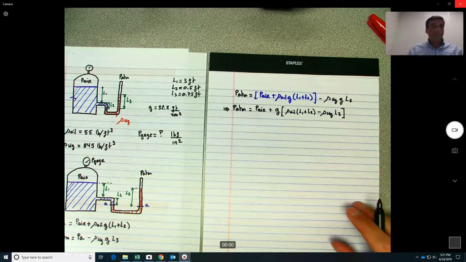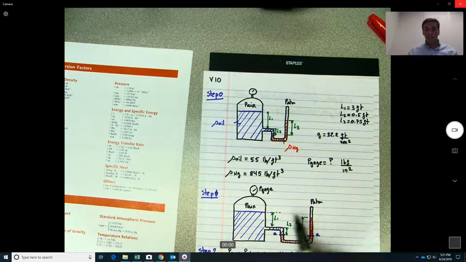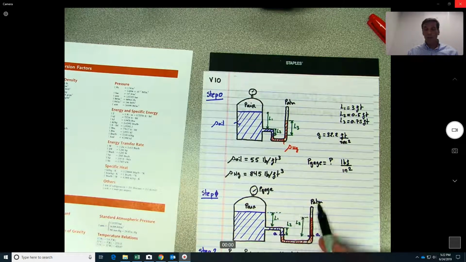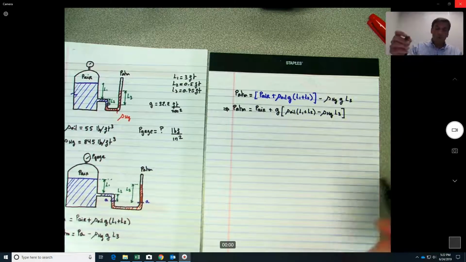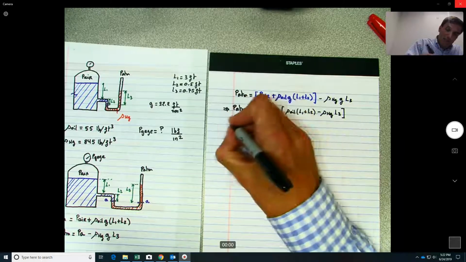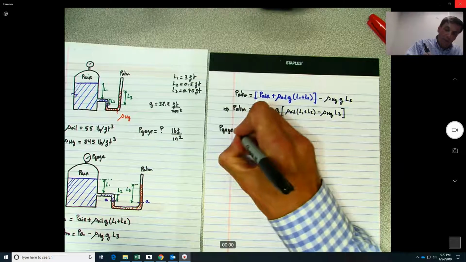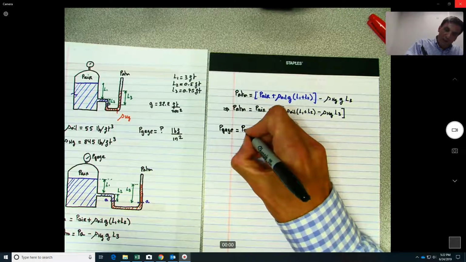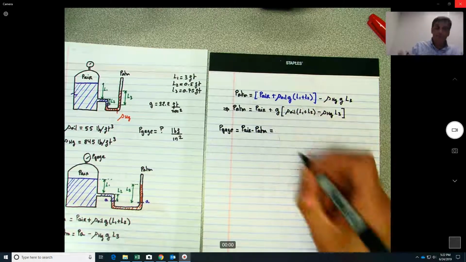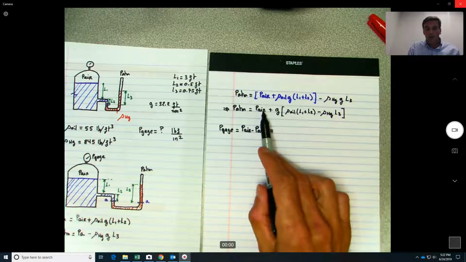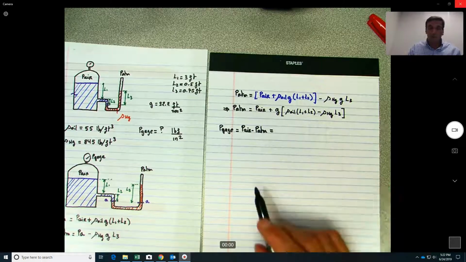Okay, so in the problem they ask us to find P gauge, which is over here. So what is P gauge? P gauge should be the difference in pressure between the air and the atmosphere. Okay, so that means that what we need to find is that P gauge will be equal to P air minus P atmosphere. So basically I move P atmosphere to this side and move all this term to the other side.